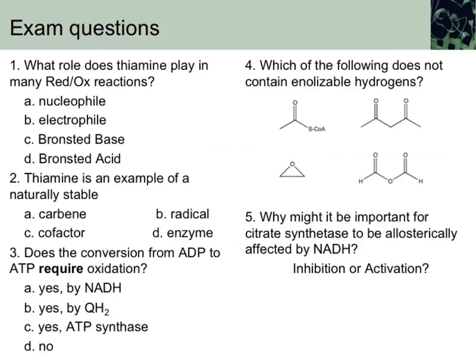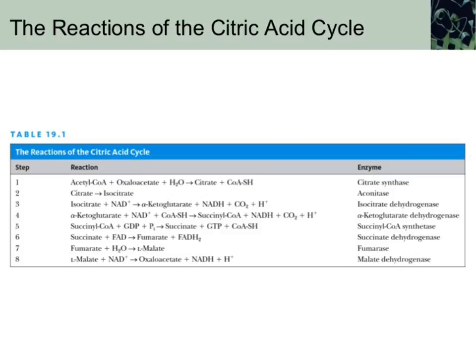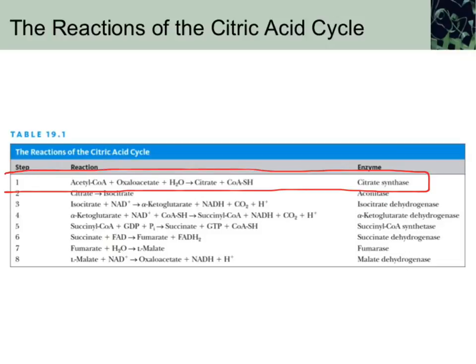Okay. If we think about that, should it be controlled or affected by NADH? Okay. So if we look, there's our citrate synthase in that first line. Do we see NADH showing up in that? No. So what might be your first pass at that being affected by NADH? We might say not. What happens to citrate?